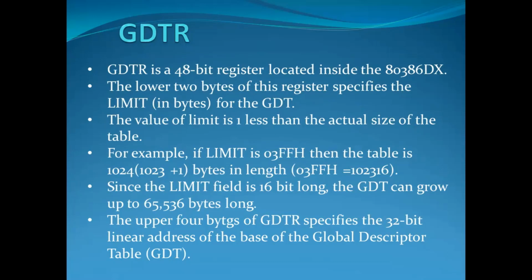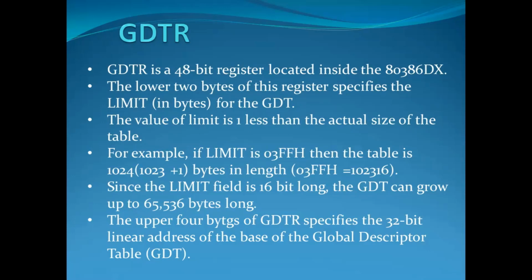For example, if the limit is 0003FFH, then the table is of 03FF plus 1, that is 1024 bytes in length. Since the limit field is 16 bits long, the GDT can grow up to 65,536 bytes long. The upper 4 bytes of the GDTR specify a 32-bit linear address of the base of the global descriptor table.